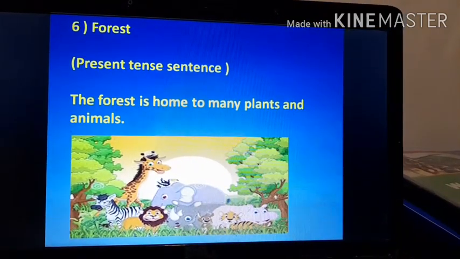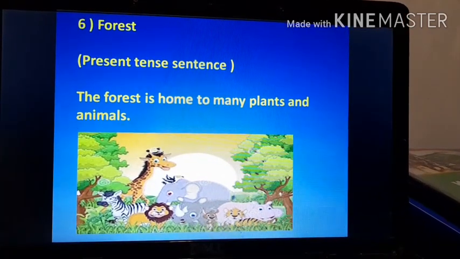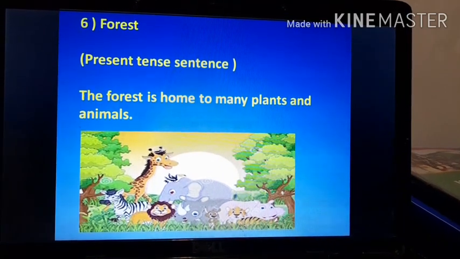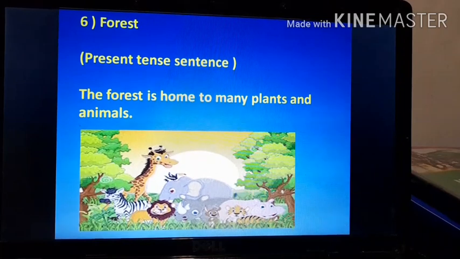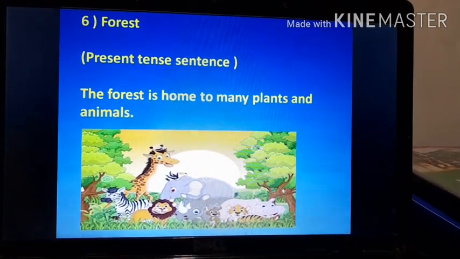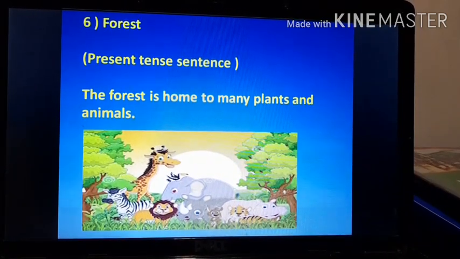You all know forest. Now the sentence I can frame from the picture is, the forest is home to many plants and animals. As you all know, plants and animals are living things. They also need food to eat.